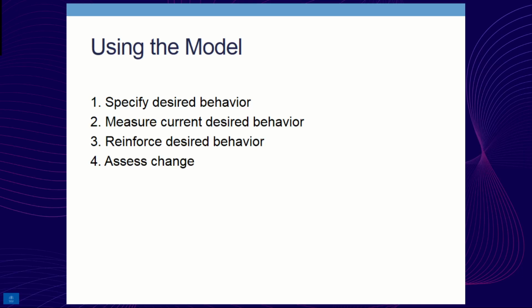Measure current desired behavior. The next step is to baseline how frequently the behavior in question occurs currently. Unless we measure our starting point, it will be impossible to objectively assess if a behavior has changed or improved. Next, reinforce desired behavior.